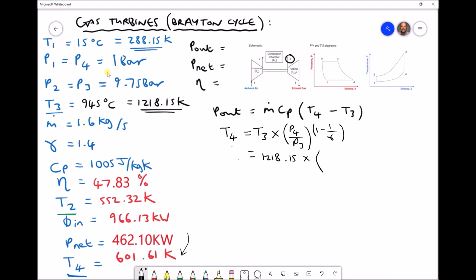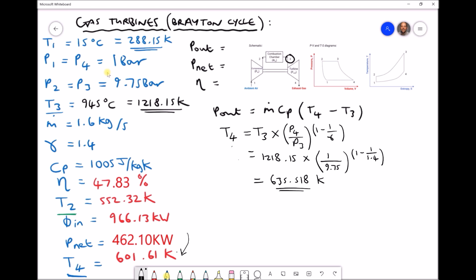We know P4 is the same as P1, 1 bar, and we know that P3 is the same as P2, or 9.75 bar. We have our value for gamma, so we have 1 minus 1 over 1.4, giving us our new value of T4 equal to 635.518, or 635.52 to 2 decimal places.